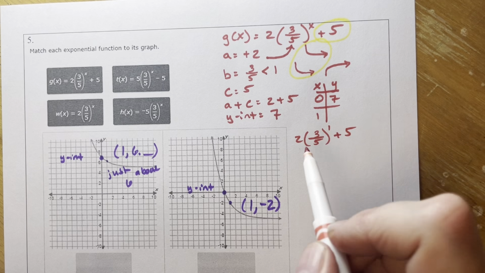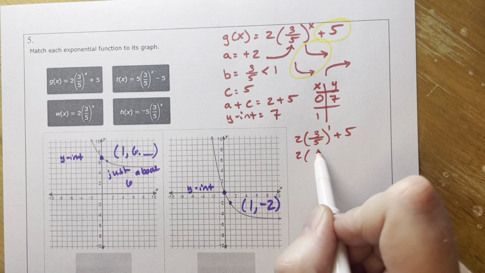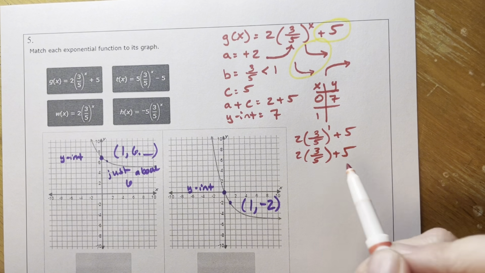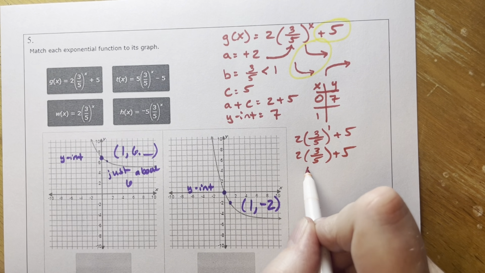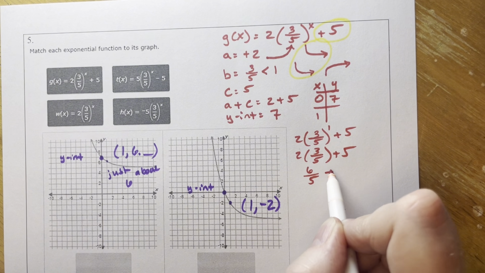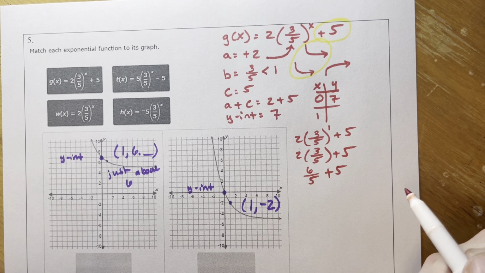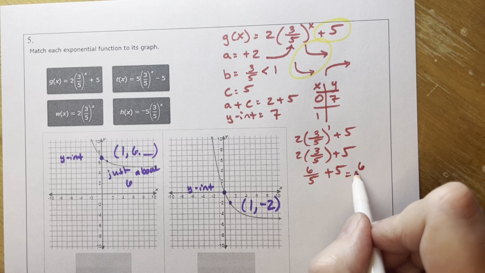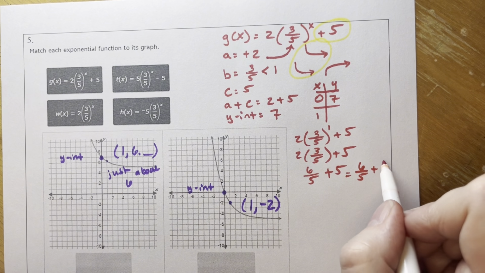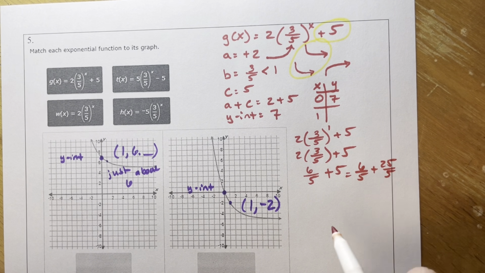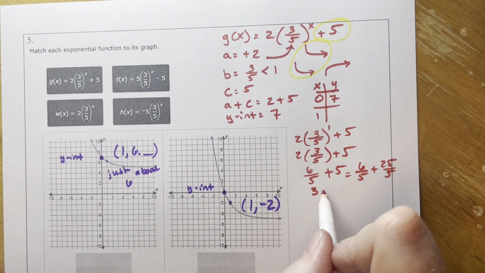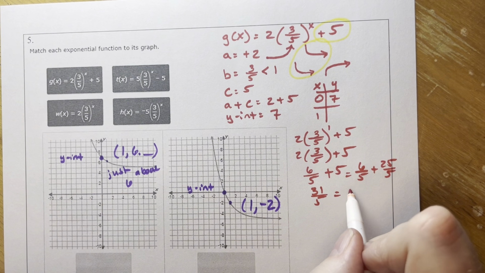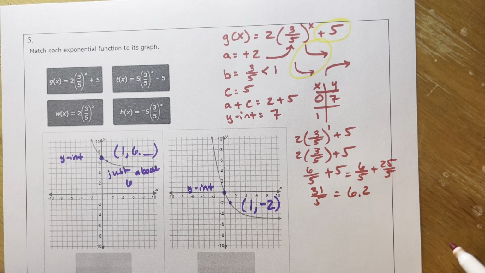So 3/5 to the first power is just 3/5. And 2 times 3/5 is 6/5 plus 5. And 6/5 plus 5, you could rewrite that to be 6/5 plus 25/5, making 31/5. And if you need that decimal, that is 6.2.